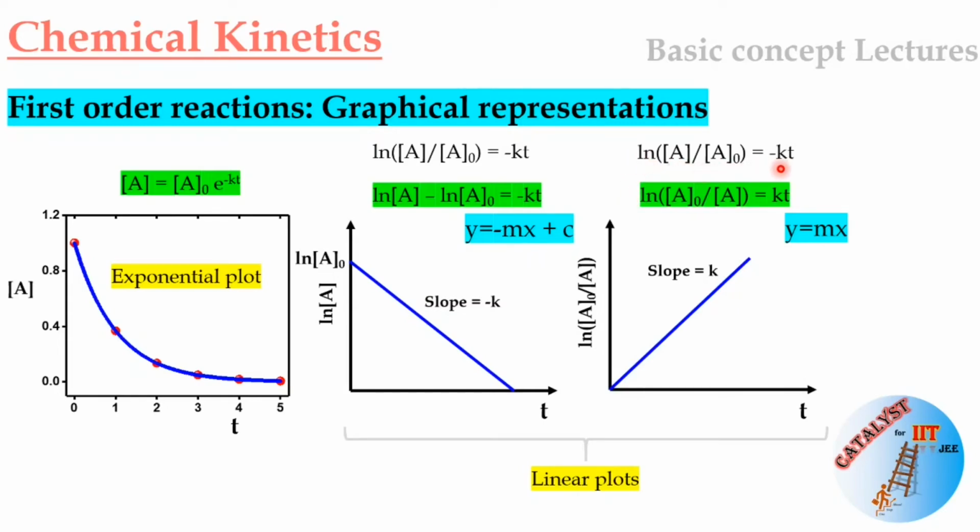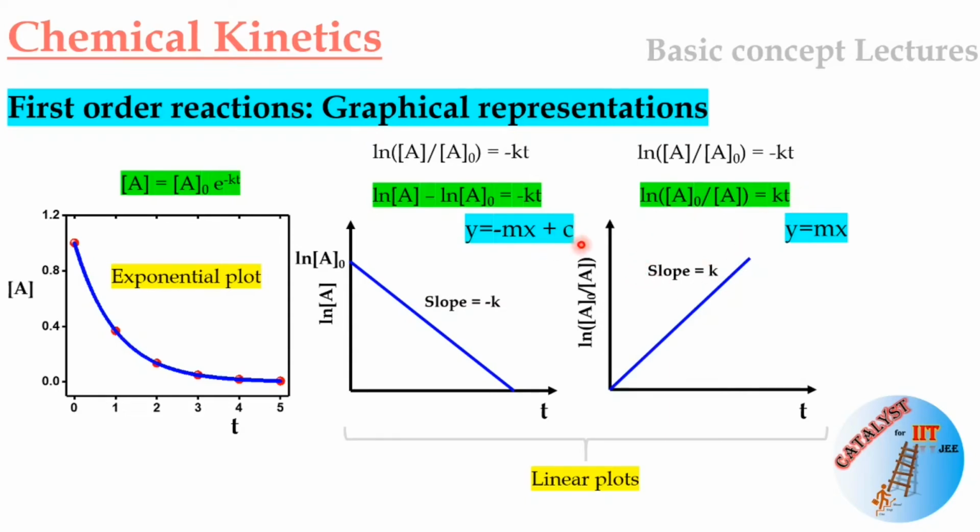ln A by A naught equal to minus kt. That means ln A naught by A is equal to kt. Now if you plot ln A naught by A with time, you get a straight line which looks like y equal to mx, where m is the slope. Here the slope is your k. This is a positive slope, and there is no intercept.